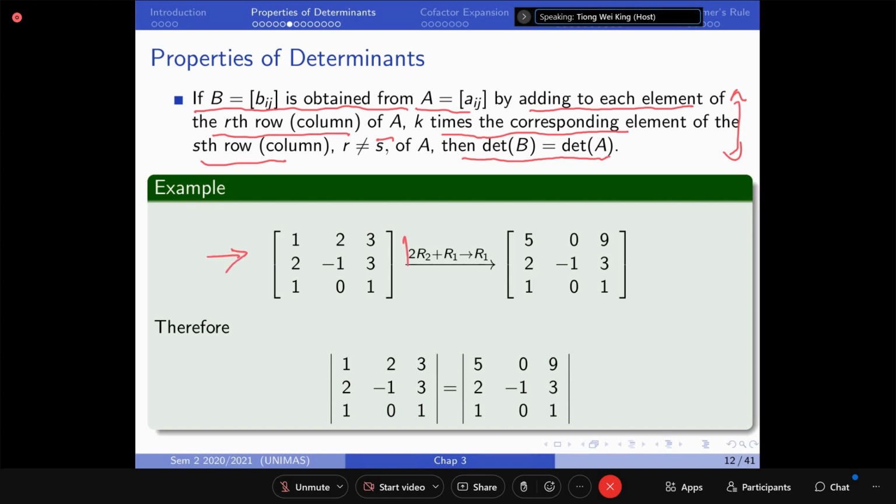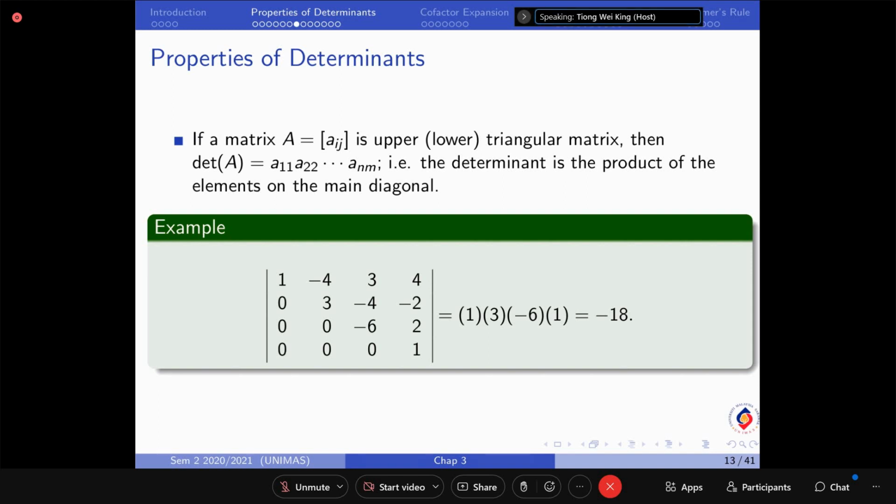If you have this type of row operation, remember we have 3 types of row operation in the last chapter, this is the third type, type 3. If you have this type of row operation, the determinant of both matrices is the same. No changes. Okay.